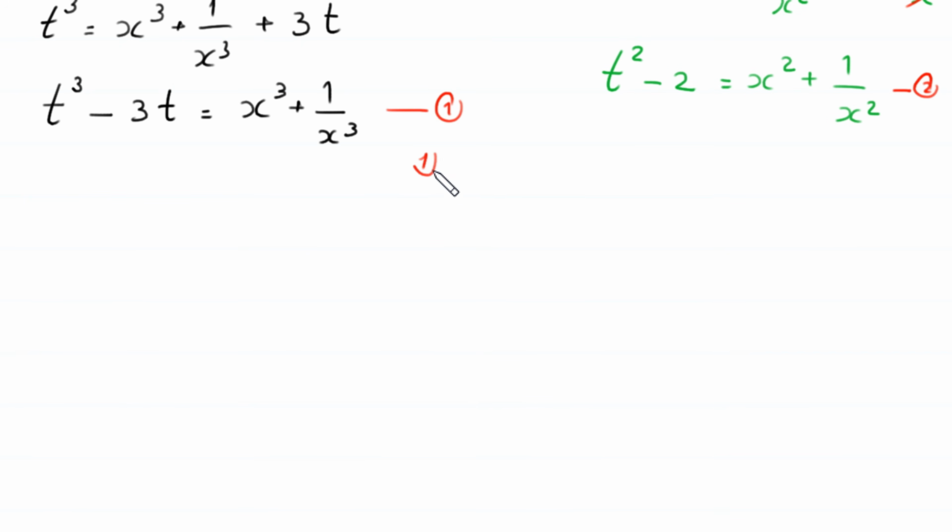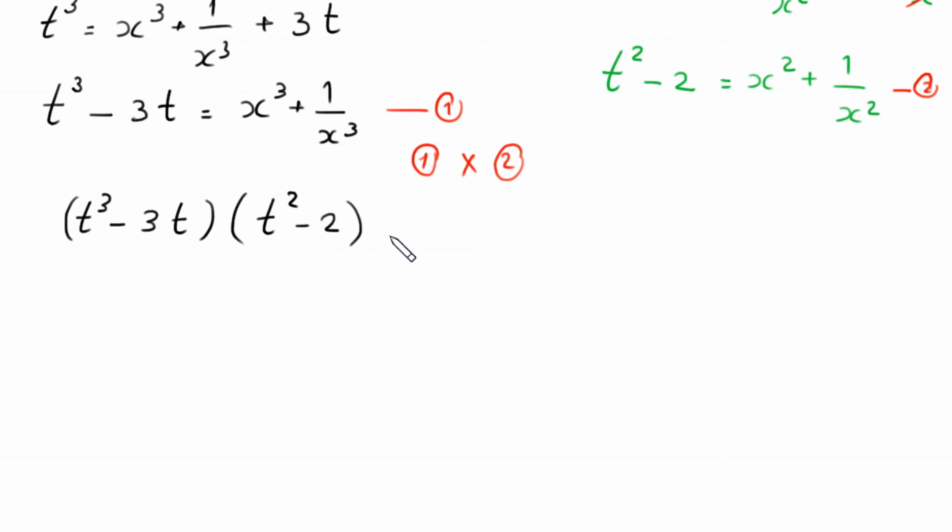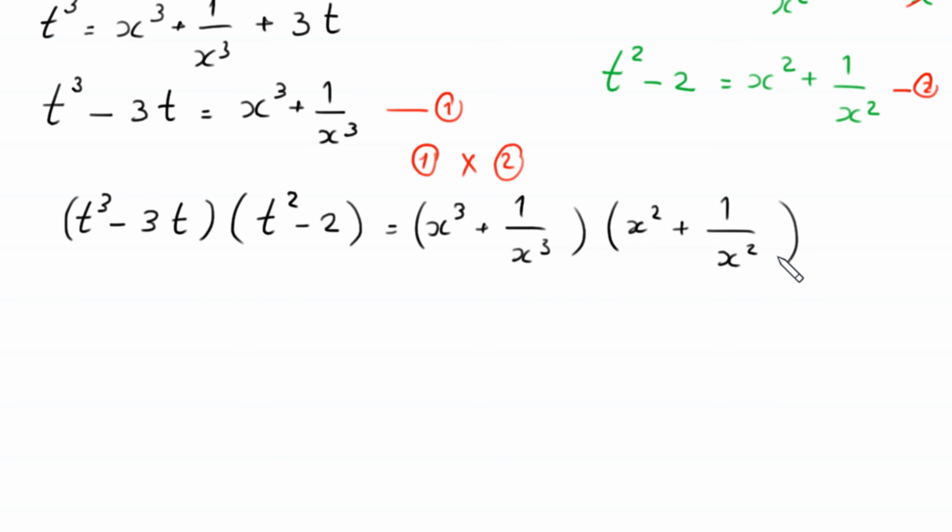Now we multiply equation 1 by equation 2. So this will become t cubed minus 3 times t times t squared minus 2 is equal to x cubed plus 1 over x cubed times x squared plus 1 over x squared.